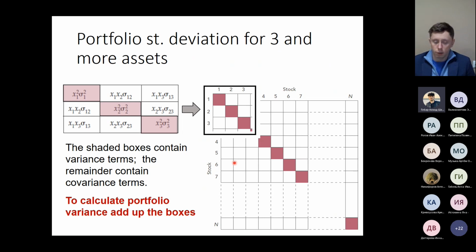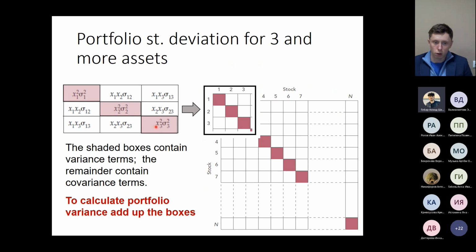Going further, in your homework you would need to work with more than 2 stocks within the portfolio, but the principle is the same. As I introduced in the table some slides ago for 2 stocks, you can do it for 3, 5, or whatever the number of stocks is.